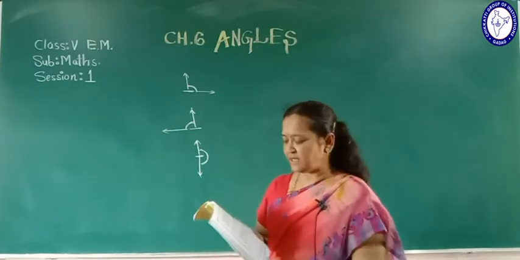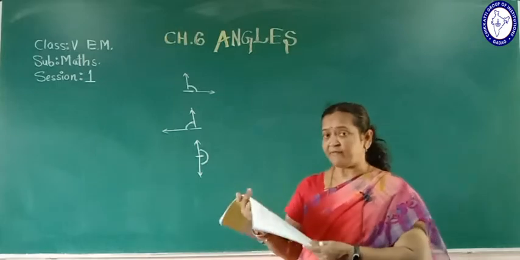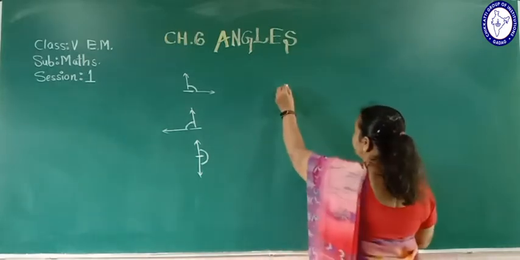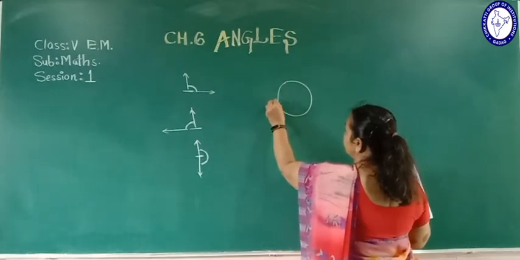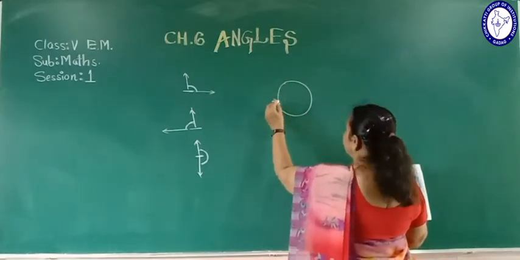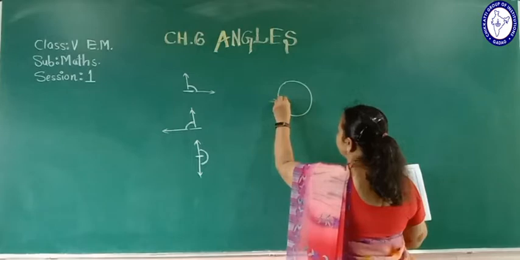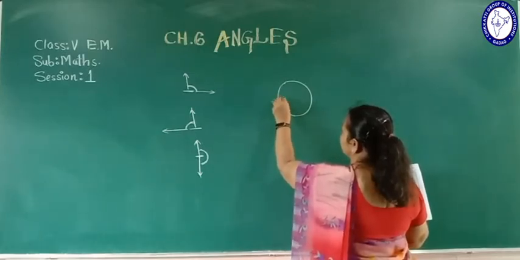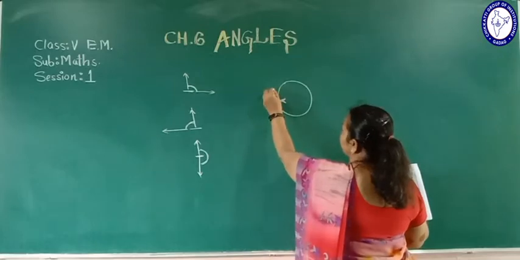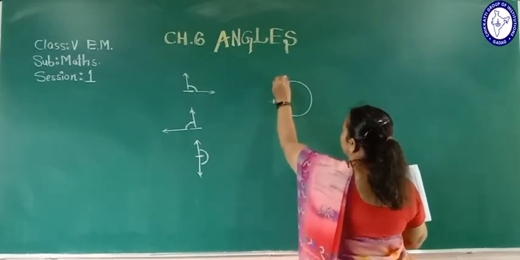Then have you seen a regulator of a fan? We have a fan. Here one mark will be there, and on the regulator outside we have 0, 1, 2, 3.